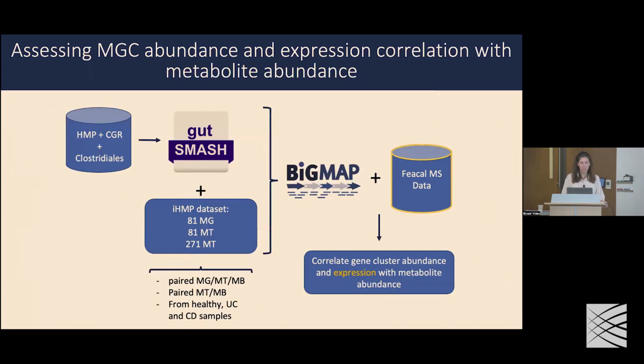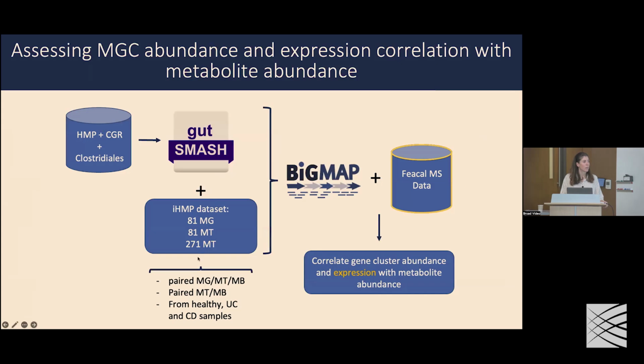And yeah, so we wanted to analyze this iHMP data set that actually contains paired data. There were 81 samples that have metagenomic, metabolomic, and metatranscriptomic data.